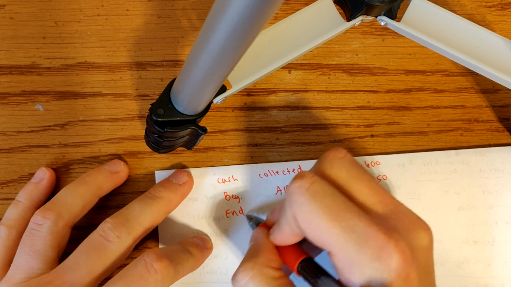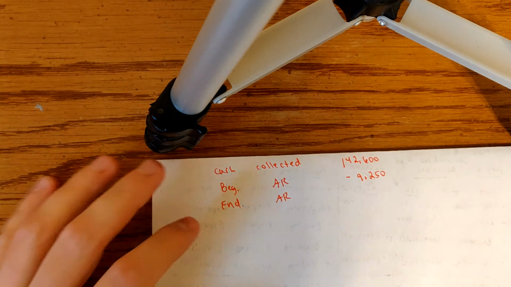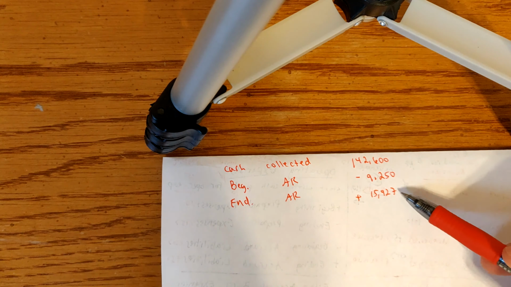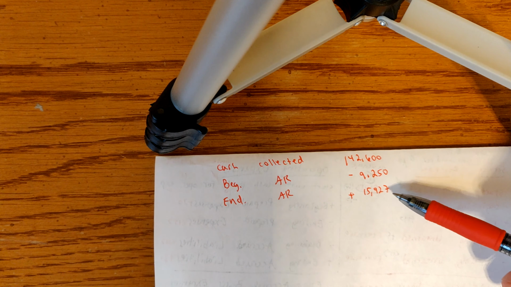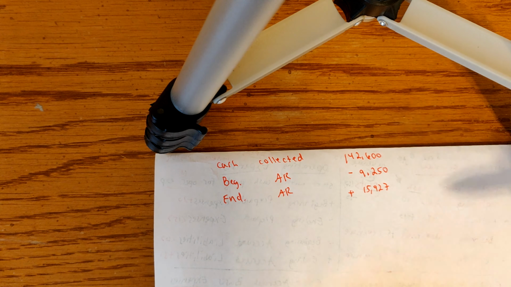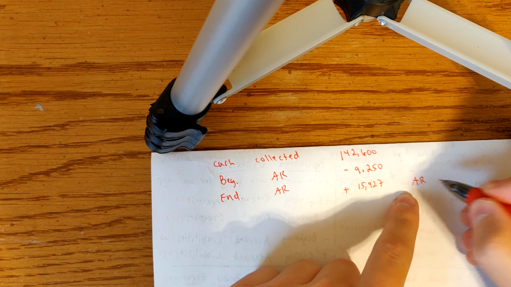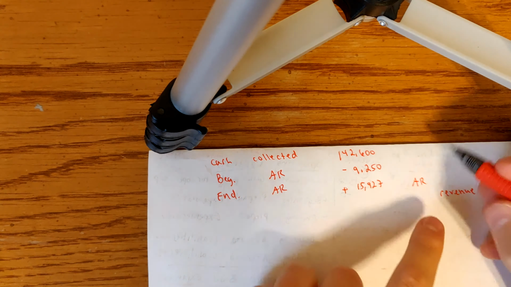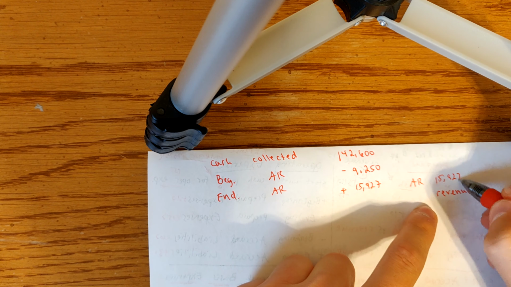Ending accounts receivable, what do we have to do for that? It tells us to add it. Why does that make sense? We add $15,927 because when we made the sale, we would have made the journal entry that says debit accounts receivable and credit some sort of revenue, for $15,927.